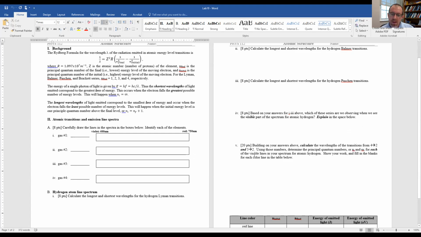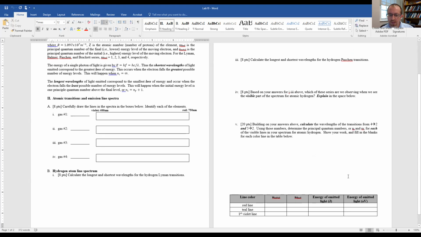All right, and then for this last one, we're calculating the wavelengths for the 4 to 2 transition and 5 to 2 transition. This is where our initial is 4 and our final is 2, and we're figuring out lambda for that.